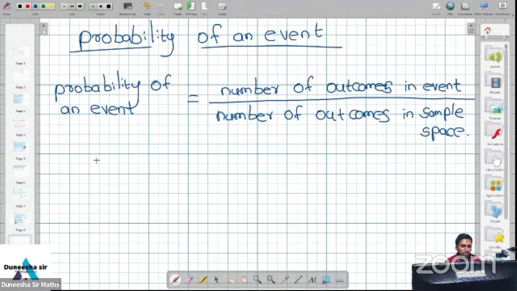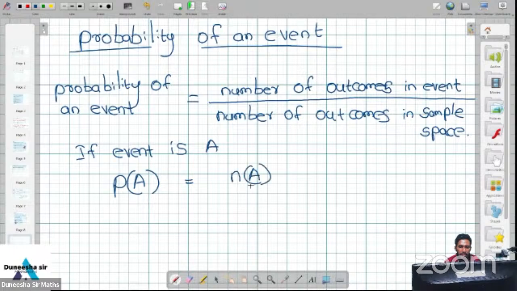Okay. If the event is A, we can write a formula: P(A), probability of A, equal to N(A). N(A) means the number of outcomes in the event A. Divide by number of outcomes in sample space.